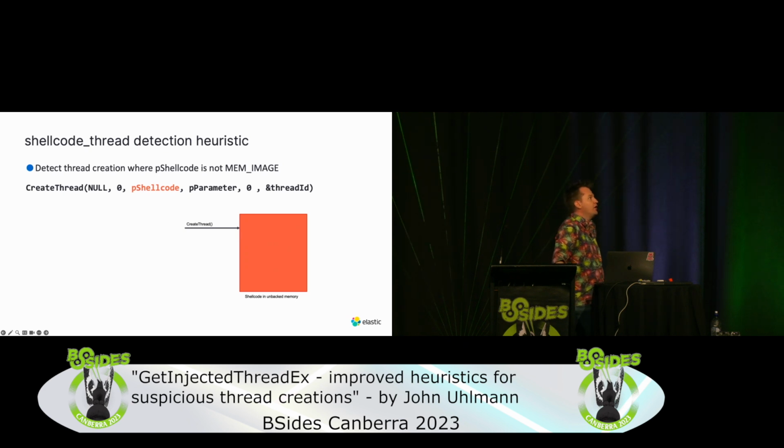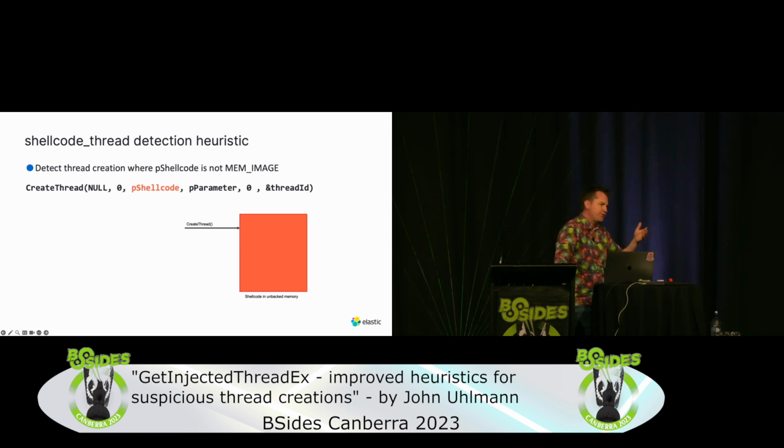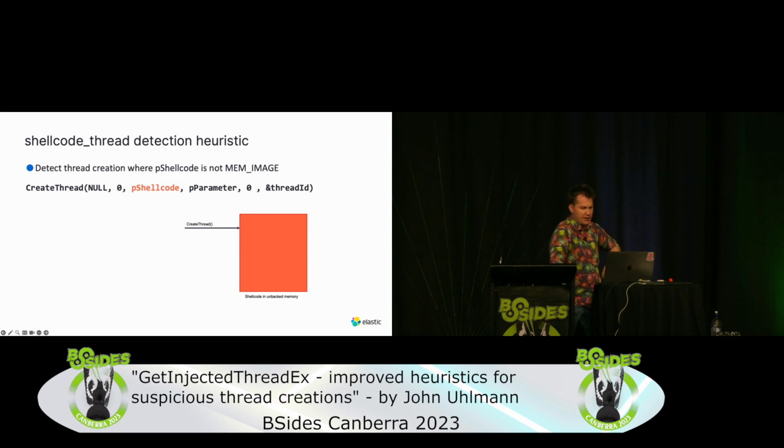So the original detection was based off the inspection of that start address and just determining whether it's backed by a PE file sitting on disk or not. We want malware to be forced to put files on disk because it raises the cost. And we want to force them to put signed files on disk because that raises the cost a little bit further.